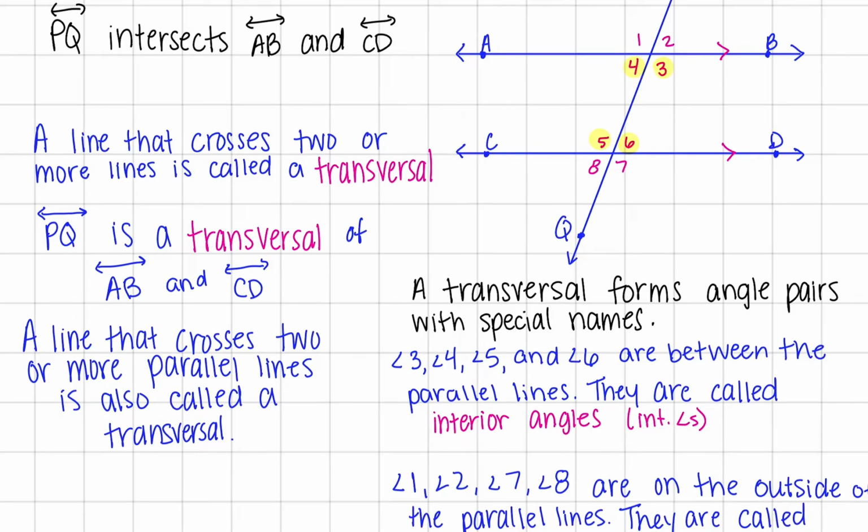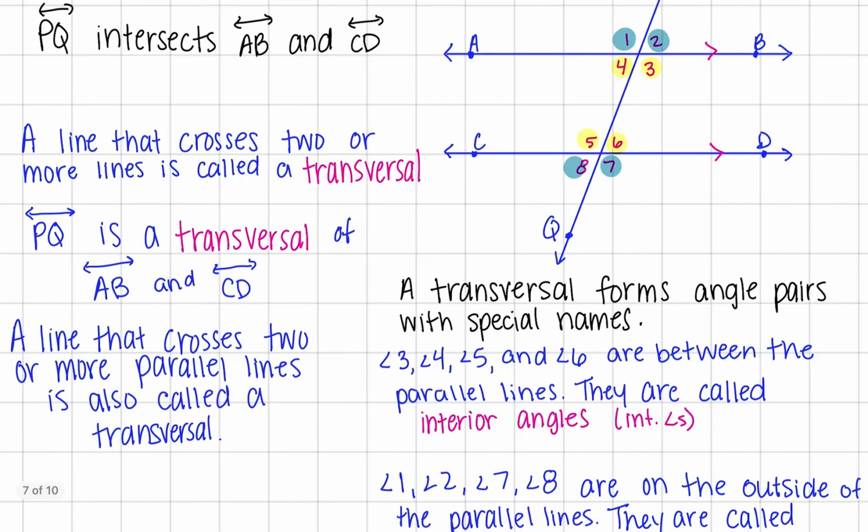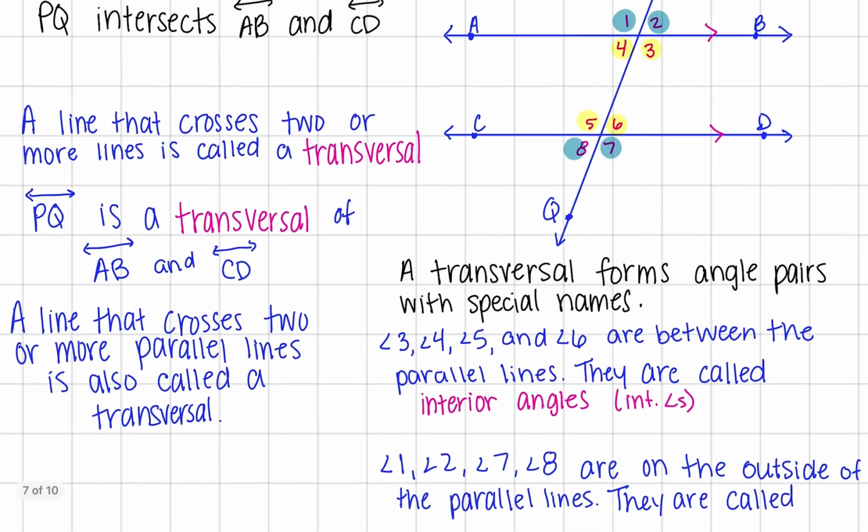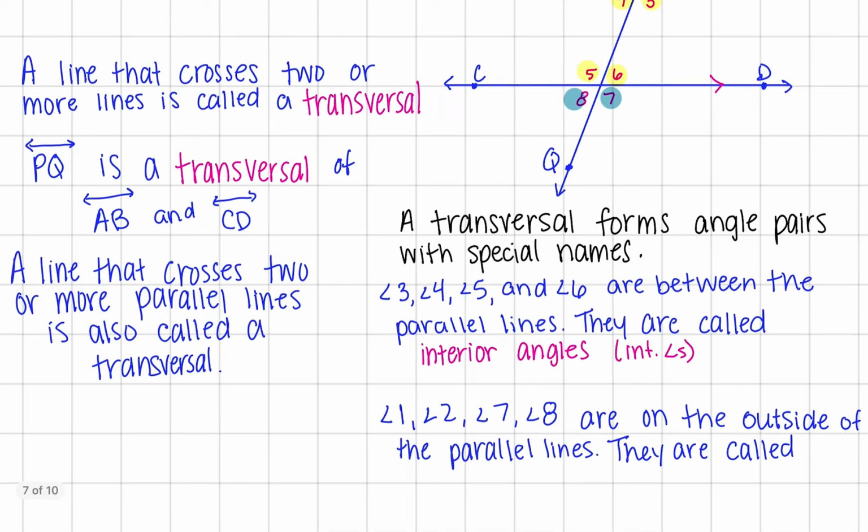Then we have angles 1, 2, 8, and 7, which are on the outside of the parallel lines. So they are called exterior angles.